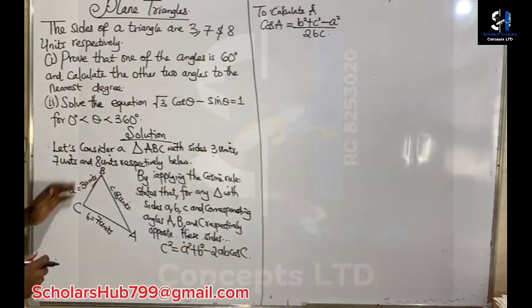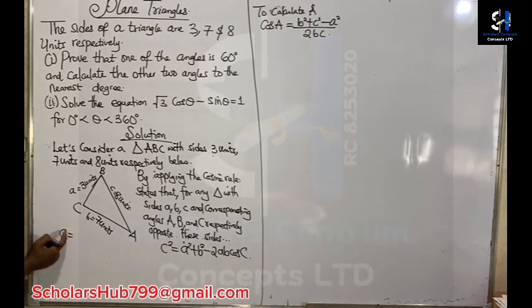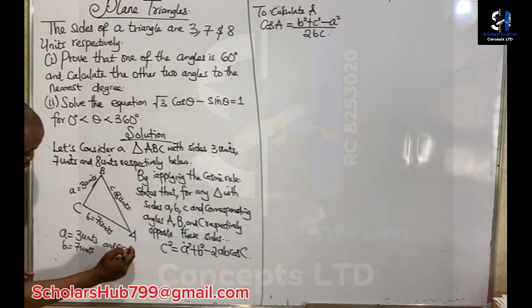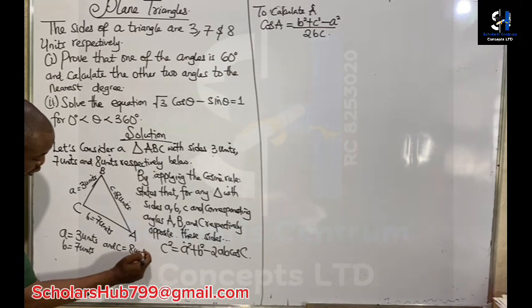Now, based on the information we have here, we know that a equals 3 units, b equals 7 units, and c equals 8 units.